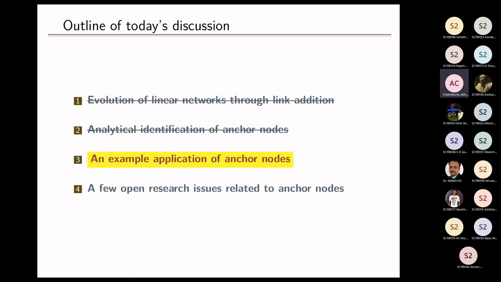So by seeing that, we can see a very simple example. As we have seen through simulation that these anchor nodes can be formed in a string topology, and also through analytical derivation that yes, it exists, we can apply this directly to transform a network into a small world network.